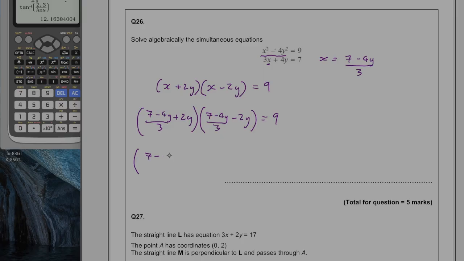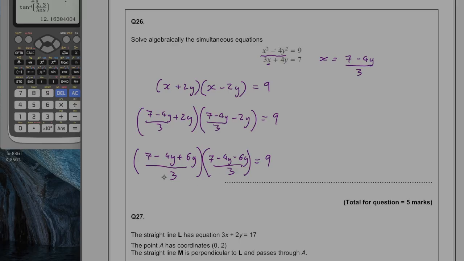Right, so if I put it all over 3 for now, 2y would be the same as 6y all over 3, times by 7 minus 4y minus 6y all over 3 is equal to 9.